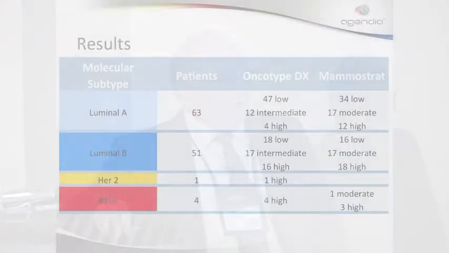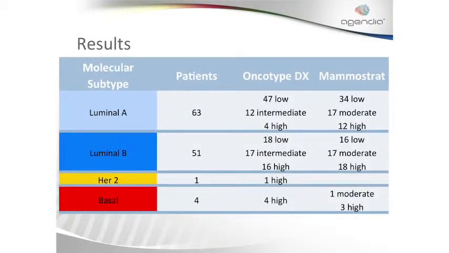So the reality here is when we broke this down, looking at the descriptors of luminal A and luminal B subtypes relative to MammaPrint, and then compared that to Oncotype DX and MammaStrat, we saw that in the luminal A category, as Perou would define it, and as MammaPrint detected it, we saw categorizations that were pretty consistent.